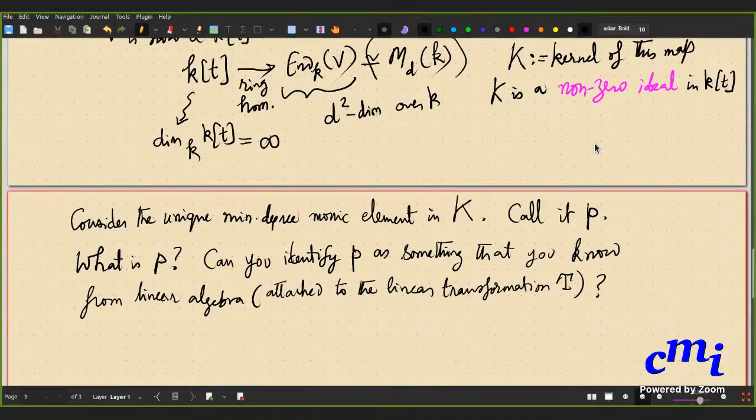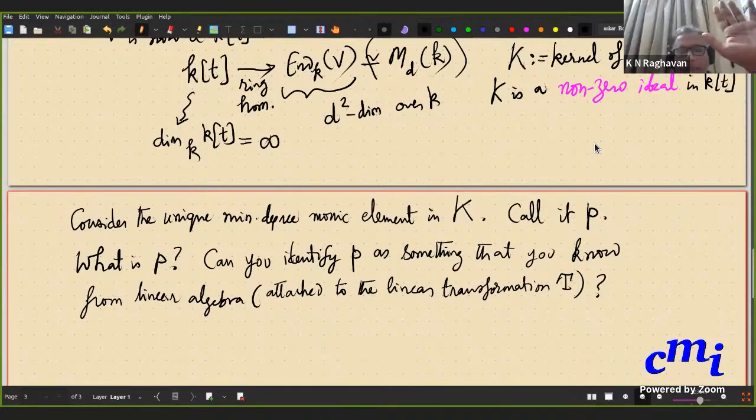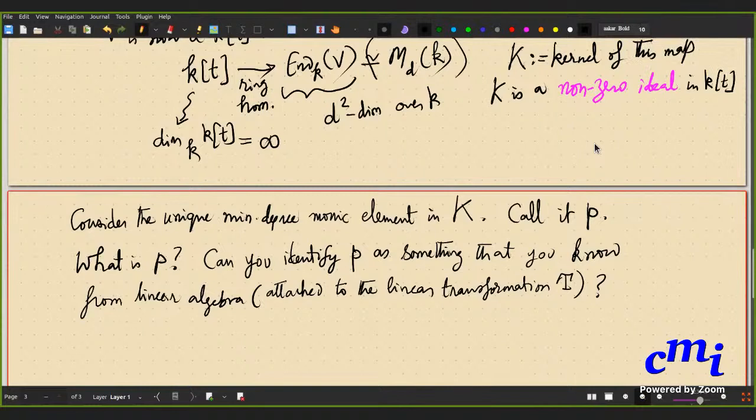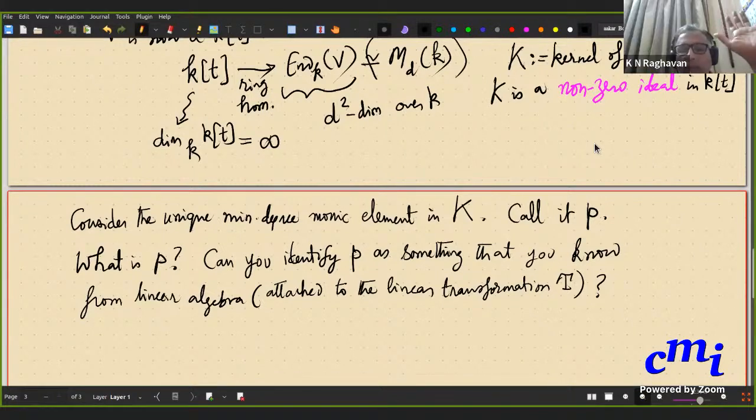T is a linear transformation on a d-dimensional vector space, so it has a characteristic polynomial of degree d. Right. Now this P is the generator of the kernel of this map.